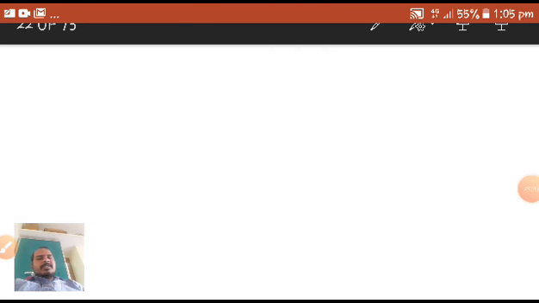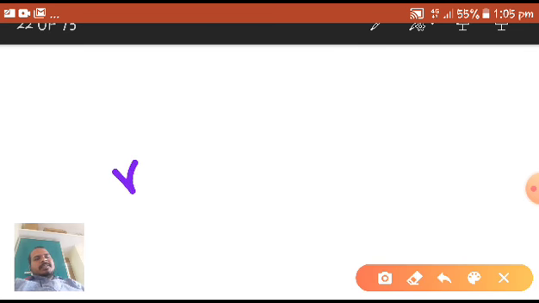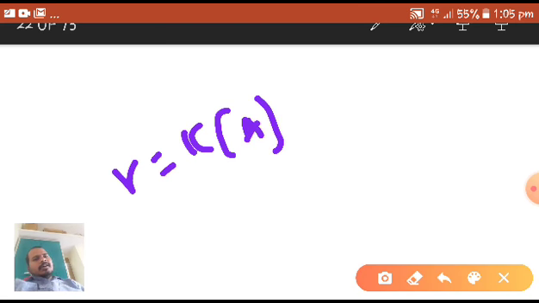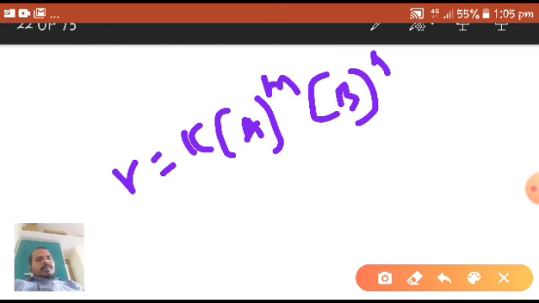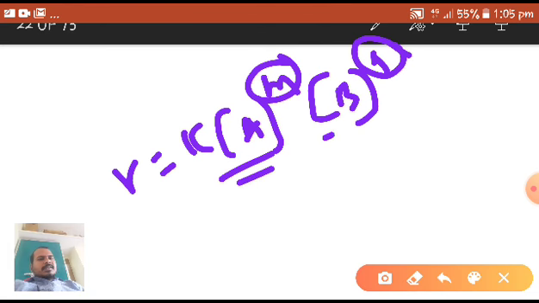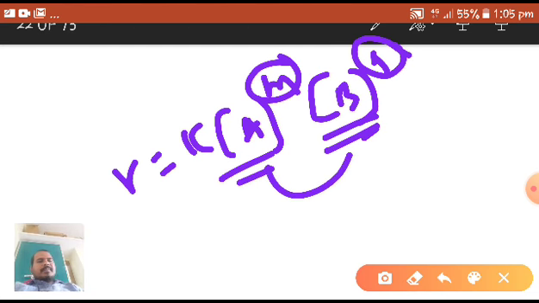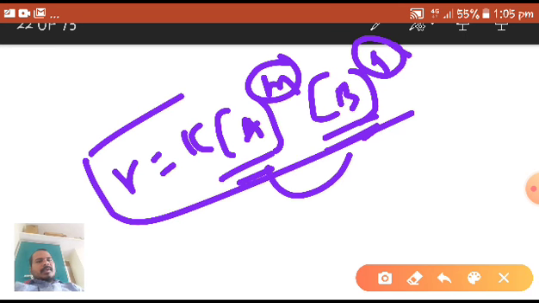Another thing we have discussed is the order of the reaction. Order of the reaction is the sum of powers of the molar concentrations of the reactants in a rate law. In this rate law, m and n are the powers of concentrations of reactants.